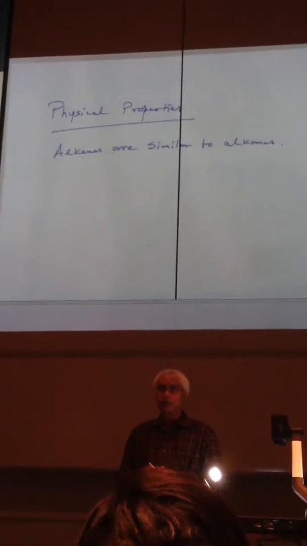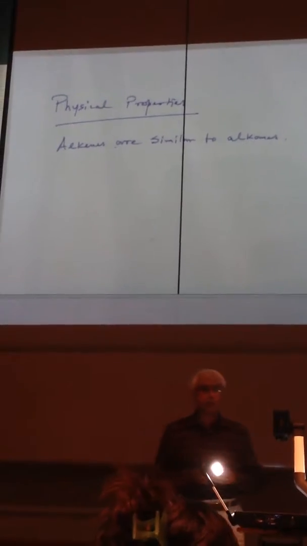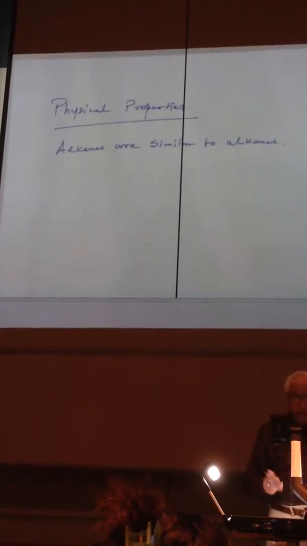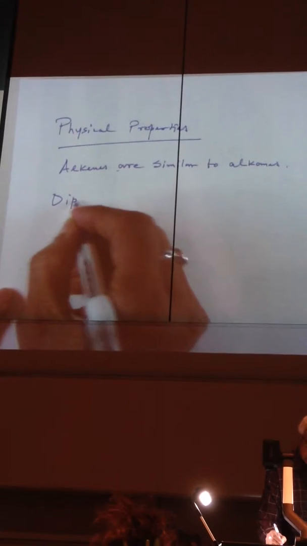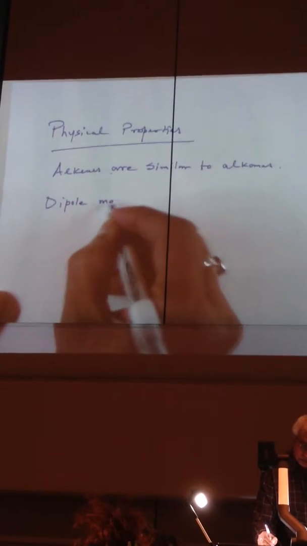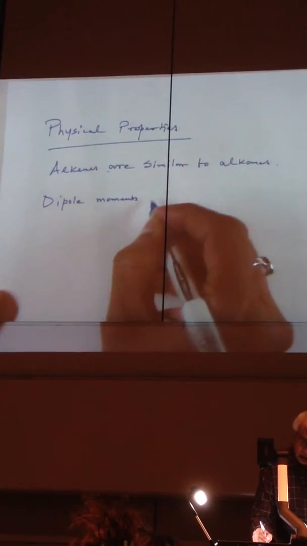If both are hydrocarbons, just by introduction of a double bond. And let's say if we look at the dipole moments, they are usually small, ranging from 0 to 0.5 debye.